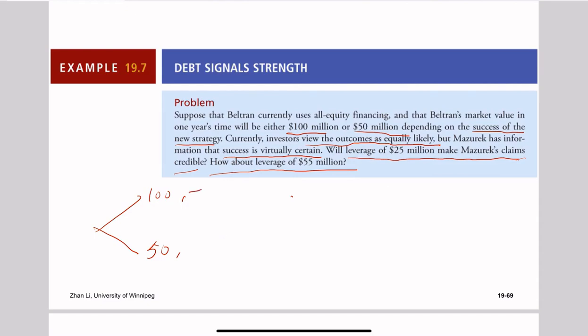If the project is a success, after paying back this debt, equity holders will get $75 million. And in the second case, if the project is a failure, equity holders will get $25 million.